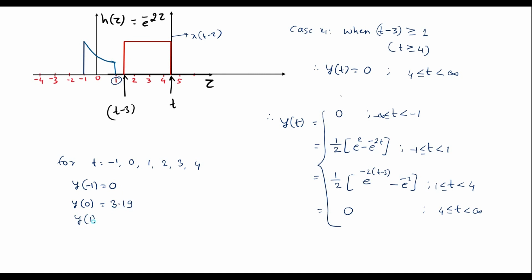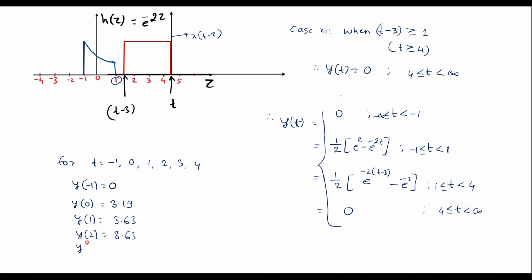For t equal to 1, that is y of 1. So y of 1 will belong to this condition where t is greater than or equal to 1. So by substituting t equal to 1 in this equation, we'll get y of 1 is equal to 3.63. Similarly, y of 2, that will also belong to this condition, that is t is equal to 2, we'll get the same, that is 3.63.